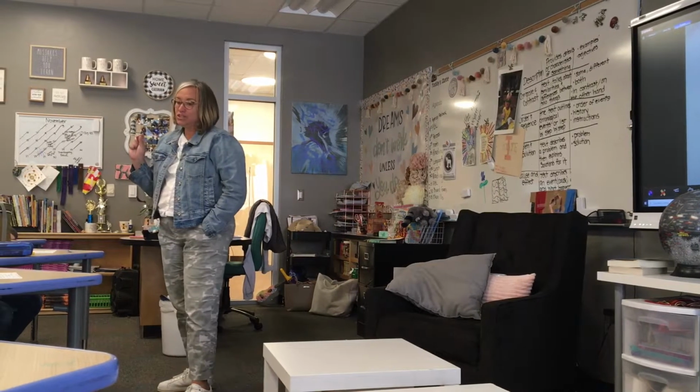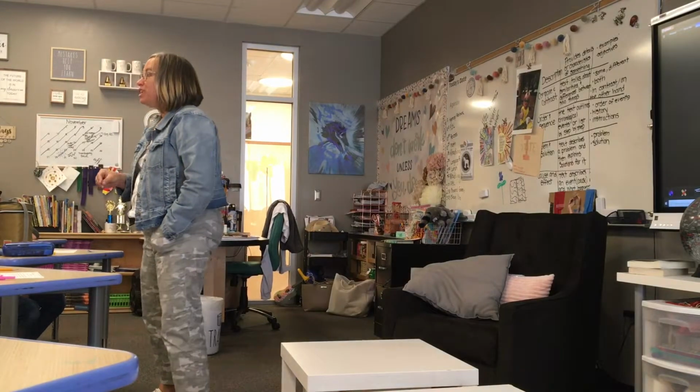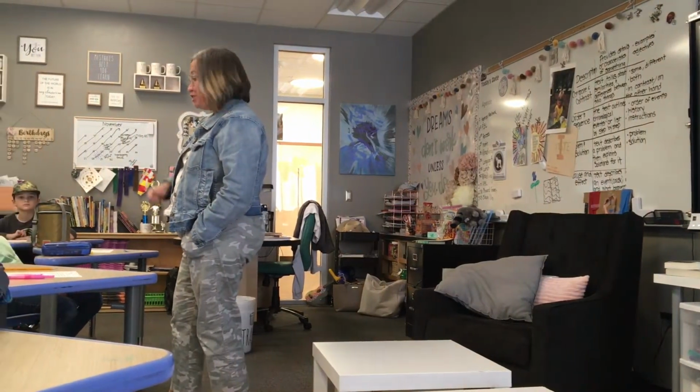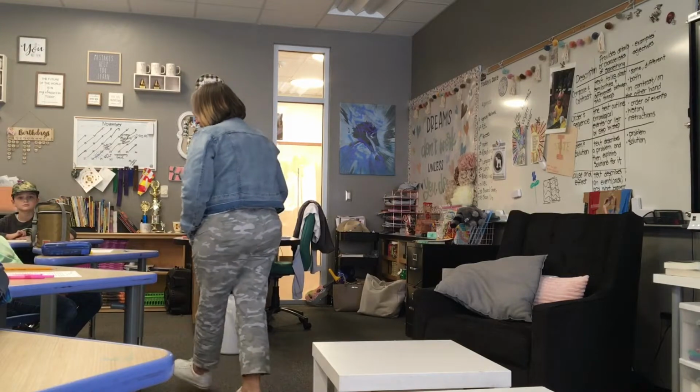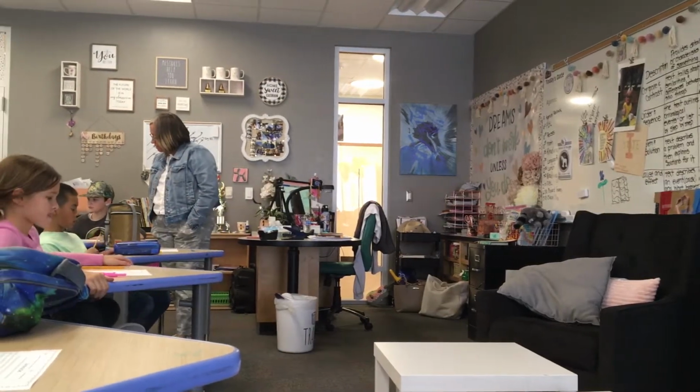So now we're going to try another way to problem solve. And this time we're going to look at the composition of the dirt. So what you have in front of you is an article that's all about what dirt is composed of.